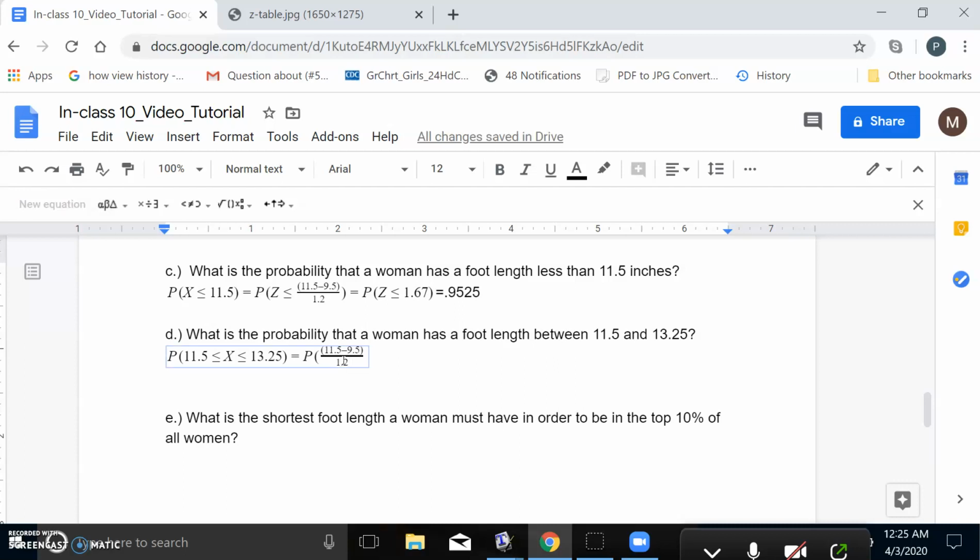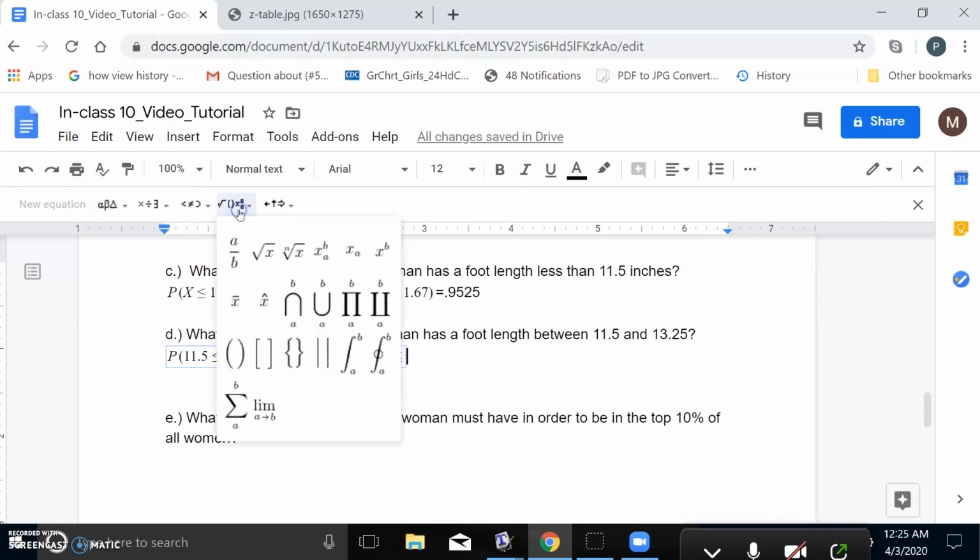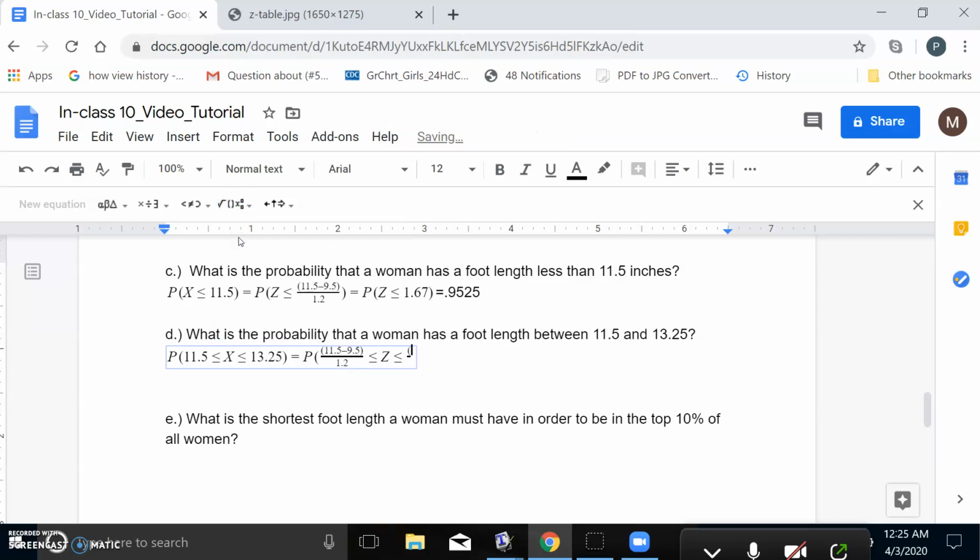Okay, so then less than or equal to z, which in turn is less than or equal to the z-score for 13.25. So it would be 13.25 minus 9.5 over the standard deviation, which is 1.2.